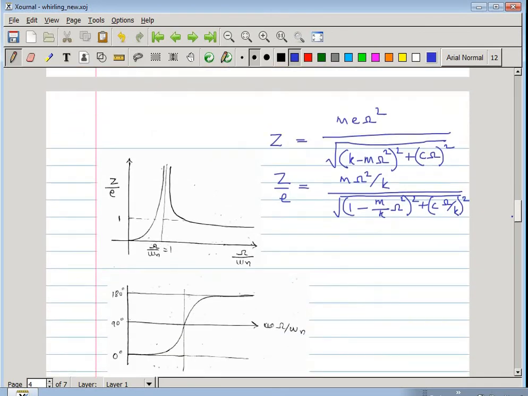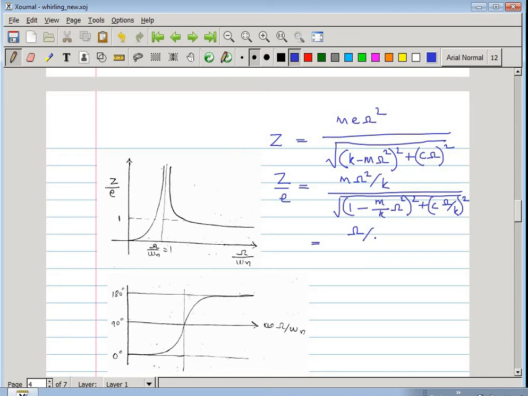And you know what you get? This k by m is omega n square, where omega n is the natural frequency of the rotor, and omega is the rotational speed of the rotor.